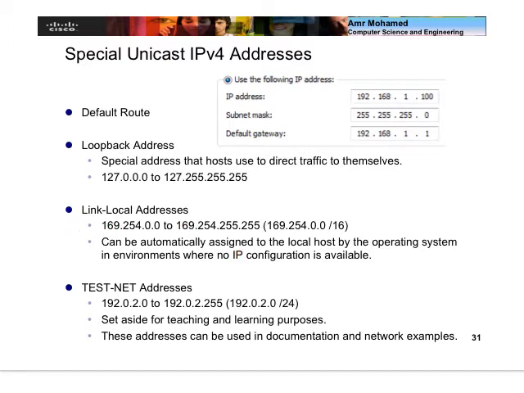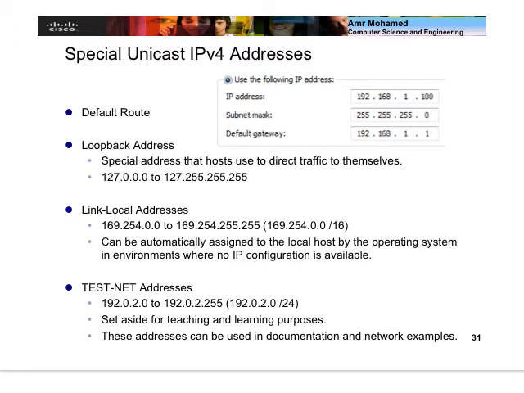Link local addresses. These link local addresses get assigned by the operating system automatically in case you do not have any dynamic IP address configuration in the network. What happens is that, as we said before, when the computer first starts, the first thing it does is that it allocates a dynamic IP address, right?